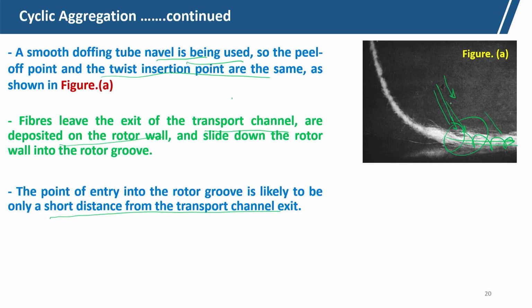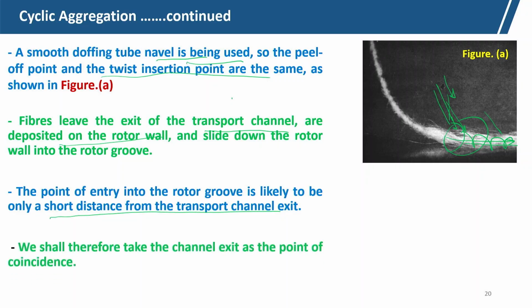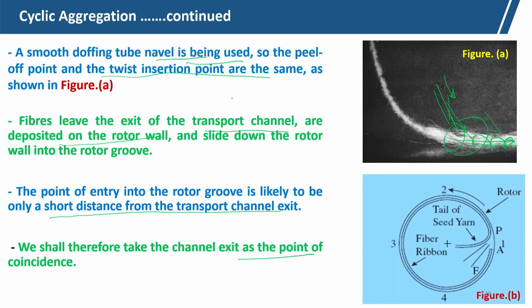So, there will be a short distance. We shall therefore take the channel exit as the point of coincidence. That is the assumption here. Now, we can see here F is the transport channel. Here the fiber is deposited at close to point P.